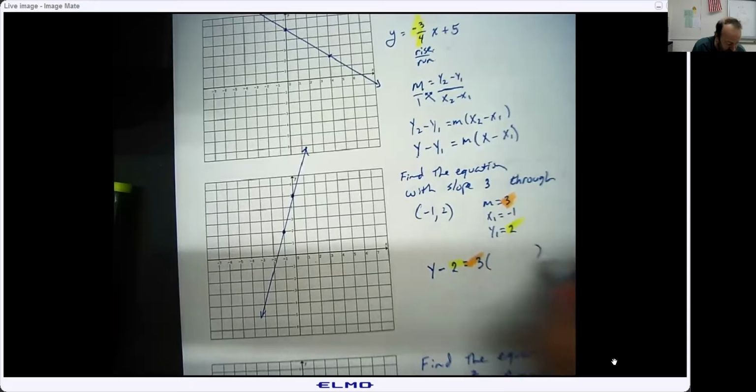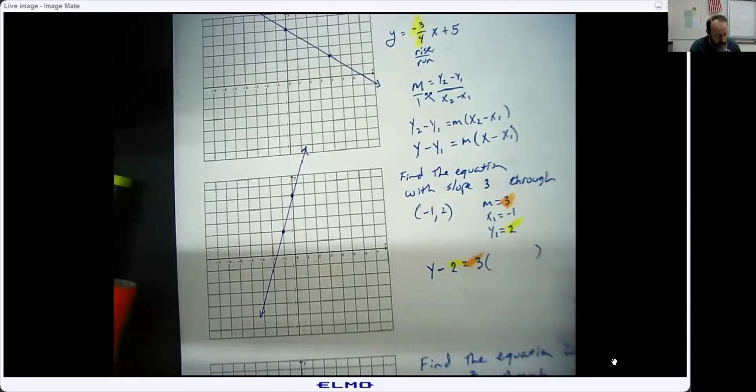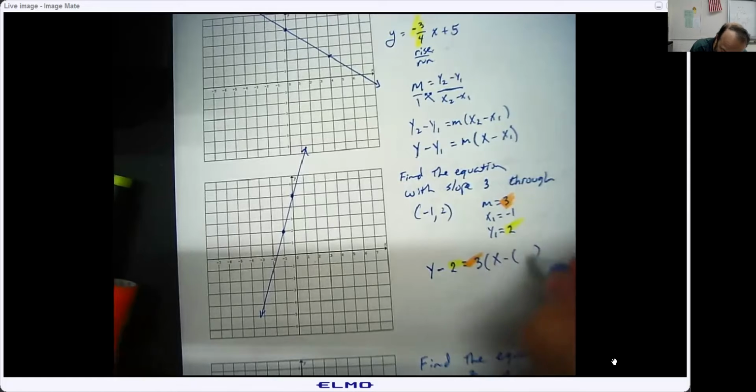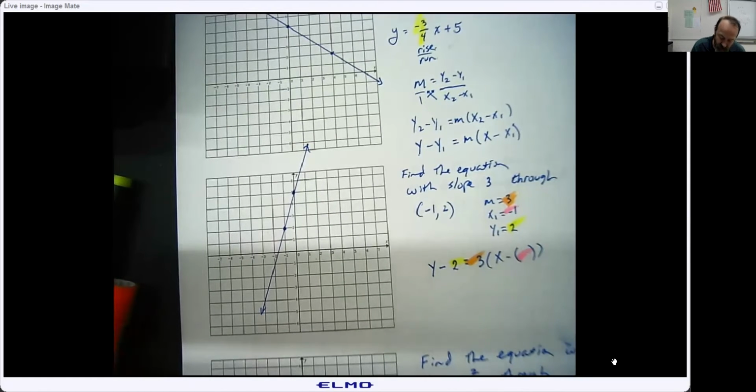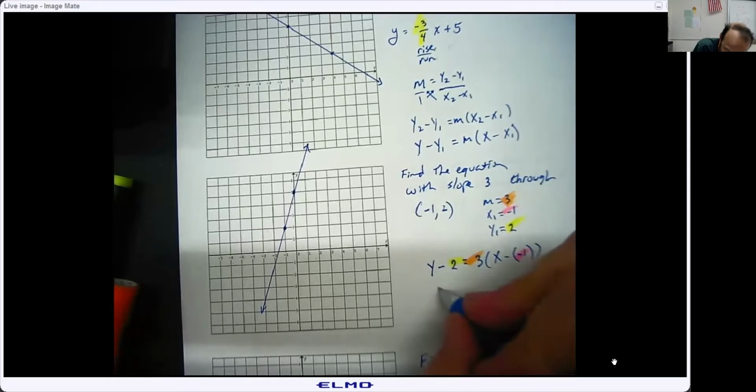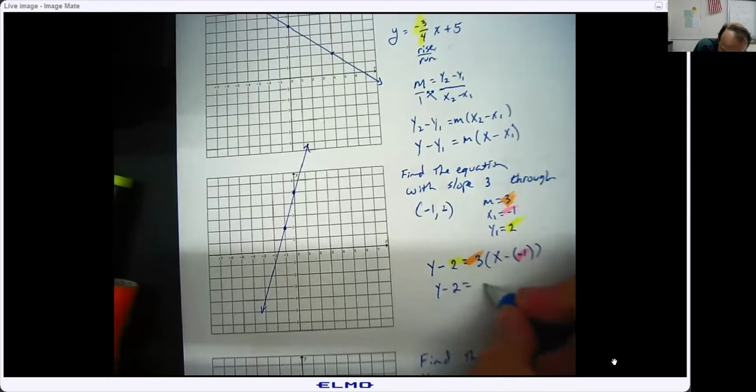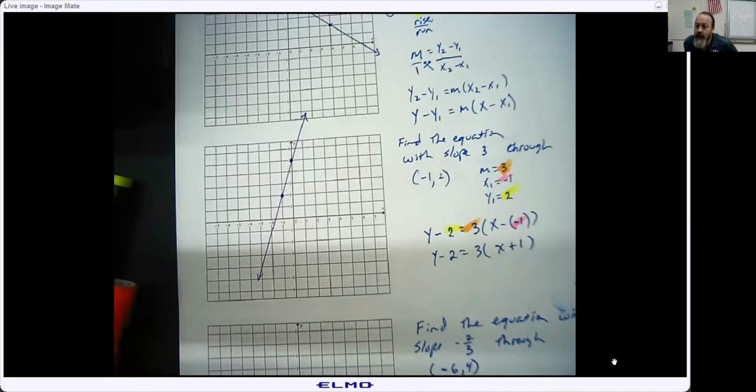And then last but not least, we're going to do x minus the x value. But that x value, unfortunately in this case, was negative. So that means I have y minus 2 equals 3 times x plus 1, because you'll notice that double negative right there. And I think you've seen that too.